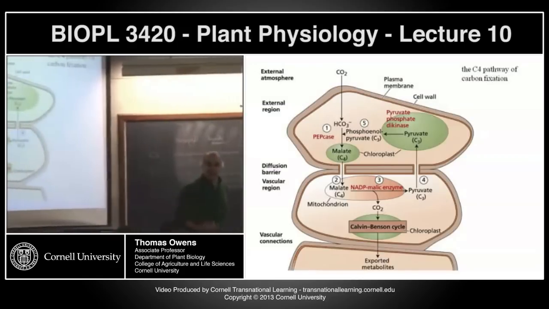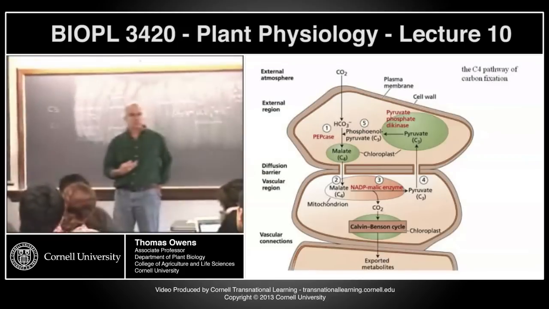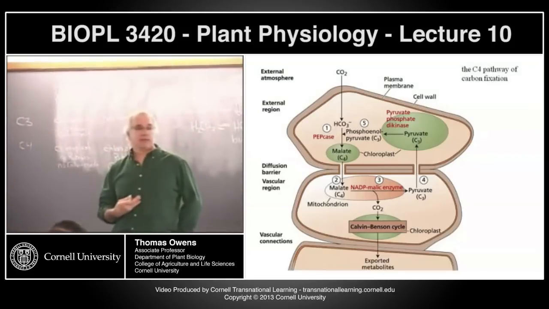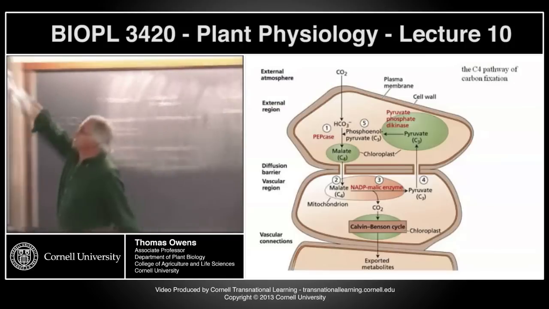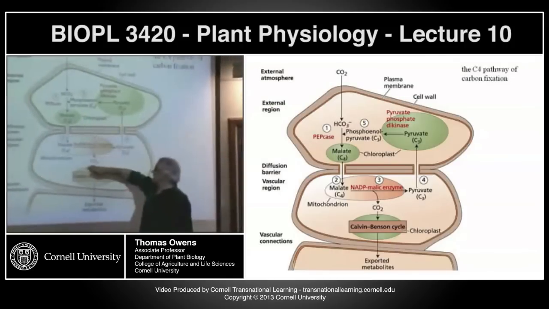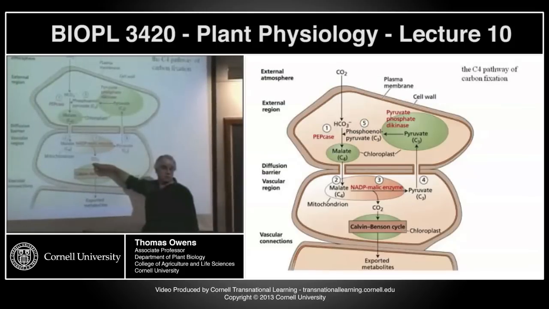So what's the net of what's going on here? We start off with CO2 that's being fixed in the mesophyll cells, and we end up with CO2 that's released in the bundle sheath cells.